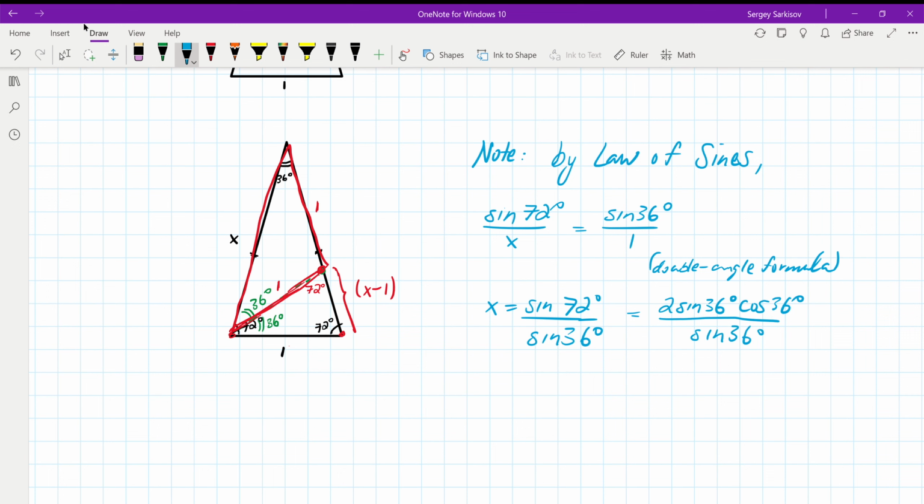And so you see that cosine of 36 degrees is actually one half x. So if we find x, we can even find cosine 36 degrees, right?